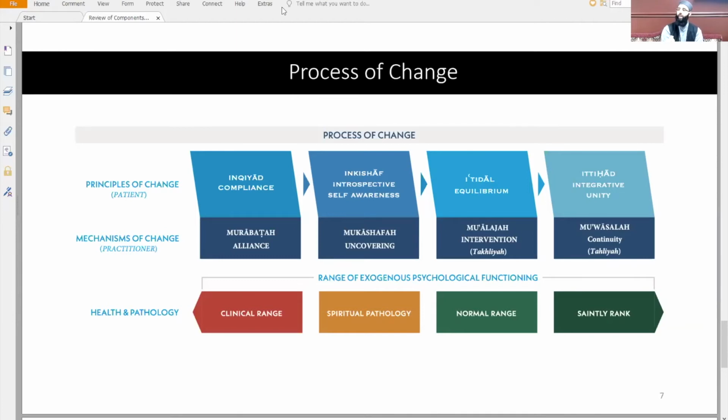And then we move on, because what you mentioned as taklif will be mu'alaja here, essentially. And the ta'rif is also more closely going to align with the mukashafa part.